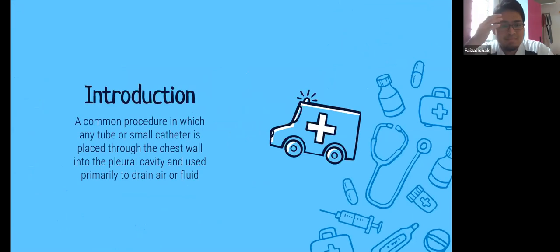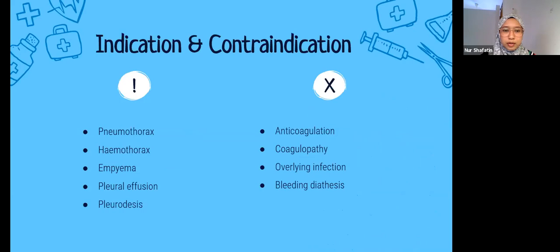For the introduction, a chest drain is a common procedure in which a tube or small catheter is placed through the chest wall into the pleural cavity and used primarily to drain air or fluid.